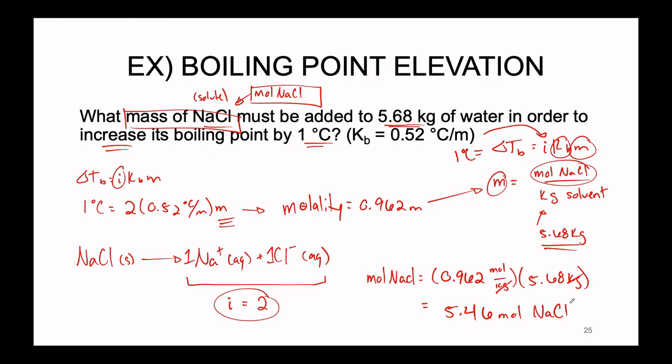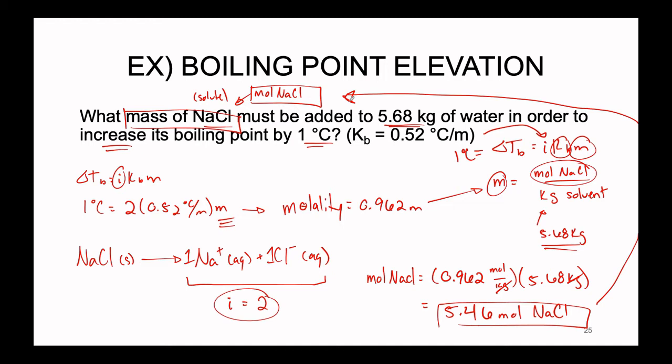This is awesome to find, now that we know how many moles of sodium chloride are necessary to raise the boiling point of water by even 1 degree Celsius. We can use this to calculate the mass of sodium chloride.